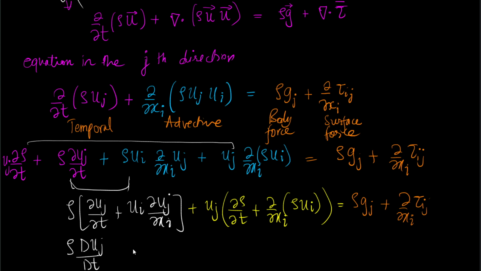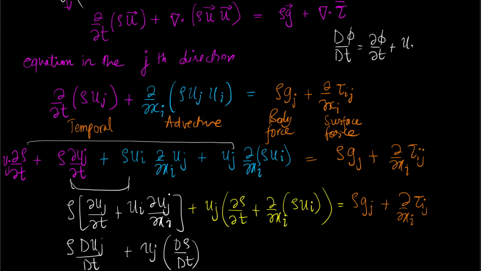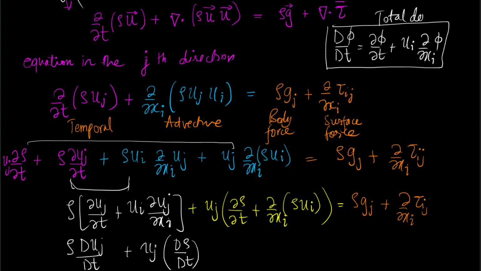Now this particular term is uj multiplied by the total derivative of the density. We recall that the total derivative of any variable is del phi del t plus ui del xi of phi. So using this definition of the total derivative, you can simplify these two terms as this.